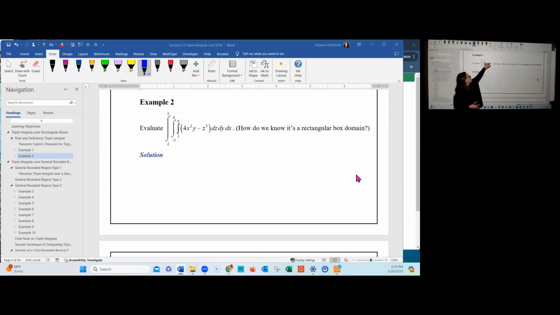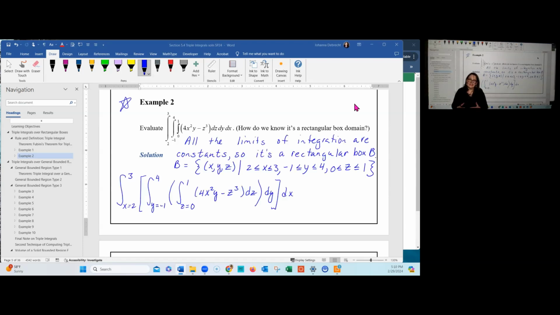And you can tell by the limits of integration that z goes from 1 to 0, y goes from -1 to 4, and x goes from 2 to 3. Since all the limits of integration are constants, this implies that we are integrating on a rectangular box. Go ahead and pause the video to work this one out, then turn the video back on so we can check our work with each other.